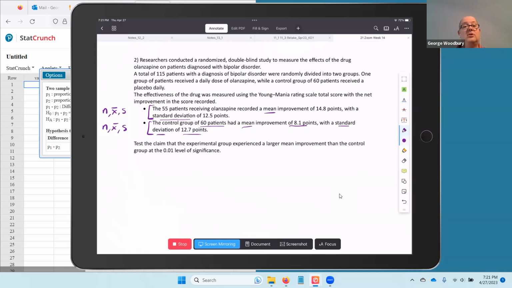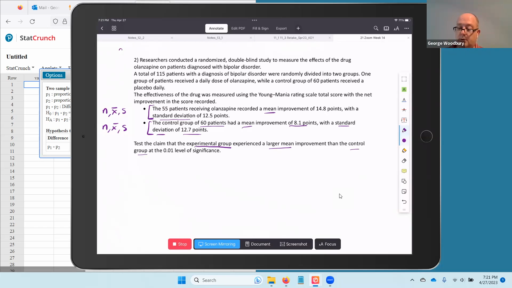We have two sets of summary information for a numerical variable. So we have what we need for a two mean test. We just have to make sure that the claim matches that as well. And here we're comparing an experimental group. We're saying that that group has a larger mean improvement than a second group called the control group.